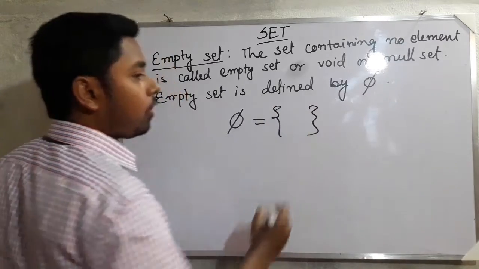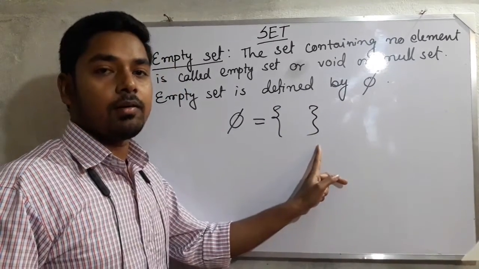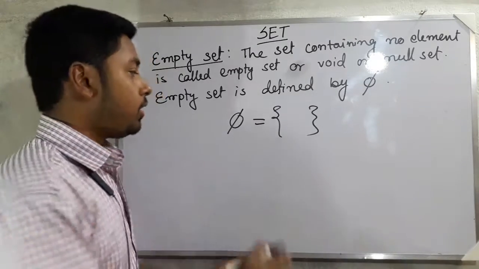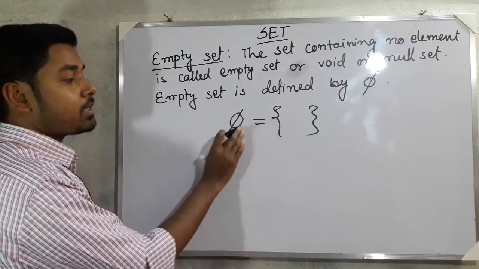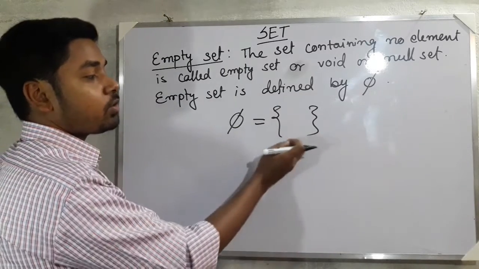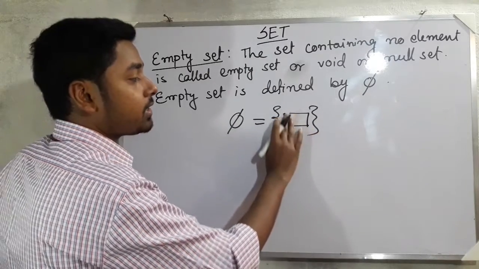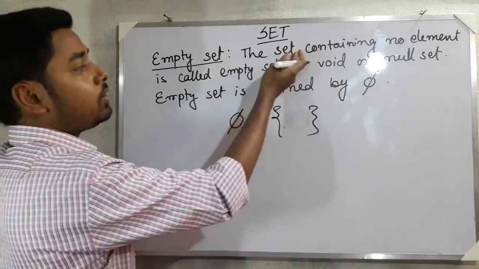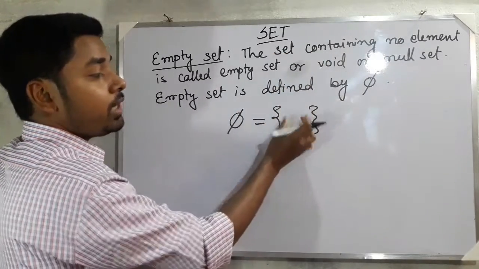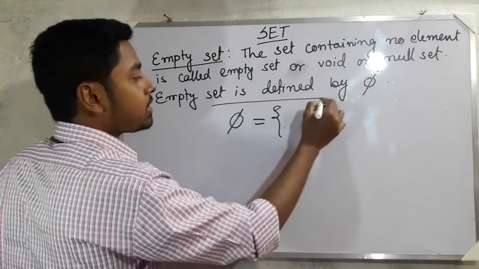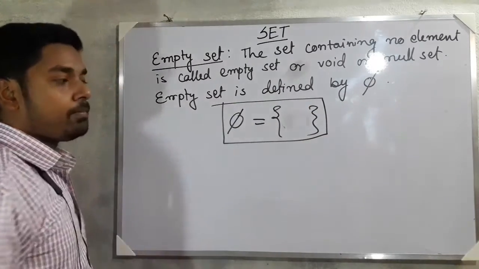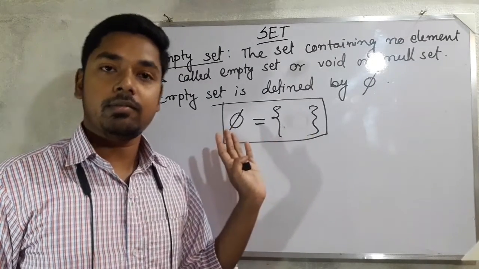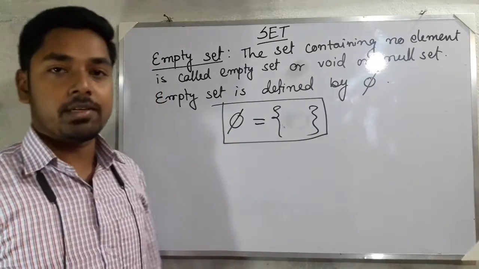That means we only take the set notation and the elements will be nothing. The set containing no elements means no elements will be there. So we represent the empty set this way: phi equals to only the set notation, no element is there. This is called the empty set.